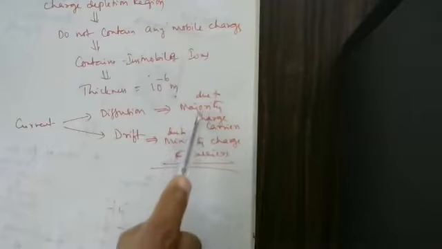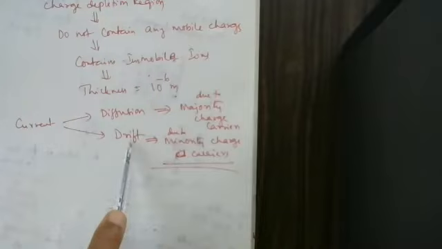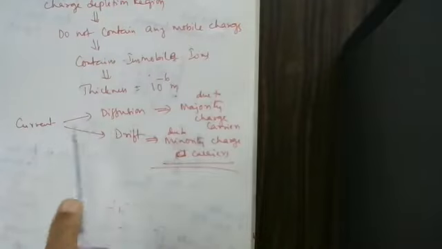Now this current is larger, and this current is smaller. That current is called the drift current. So diffusion current and drift current are the two types of currents existing in diodes. You are already aware of what a diode means: a semiconductor diode.